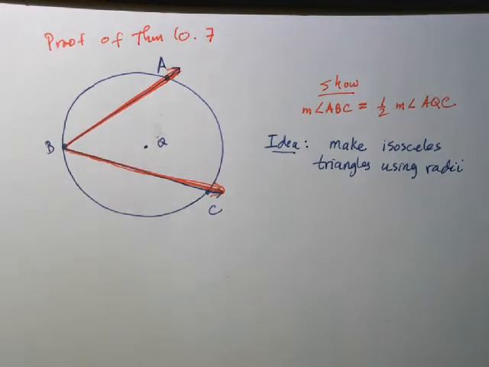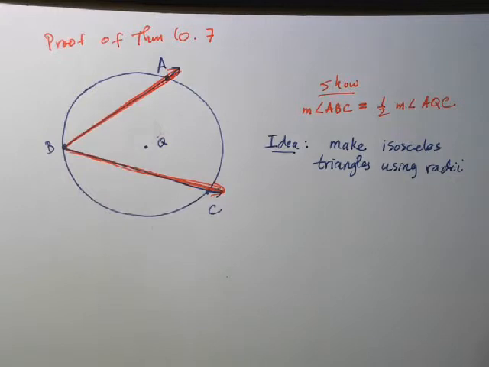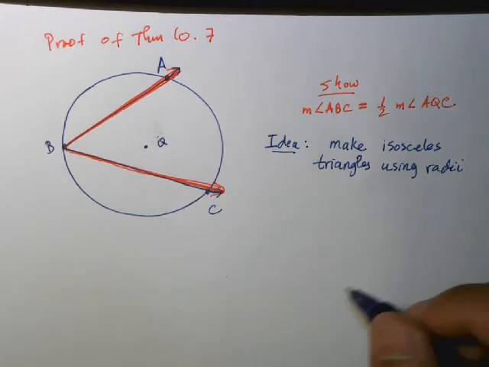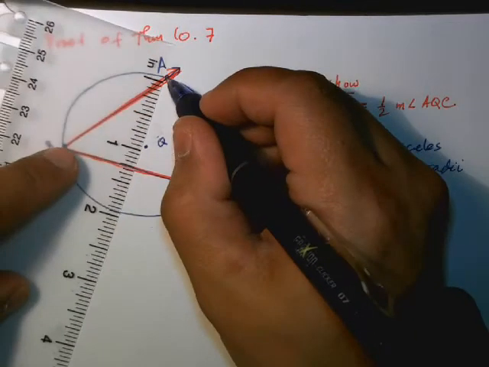Okay? So this is one technique that you should practice and refine: when we're doing a proof of something that involves a circle, we should take advantage of the fact that all of the radii in the circle are equal to each other.